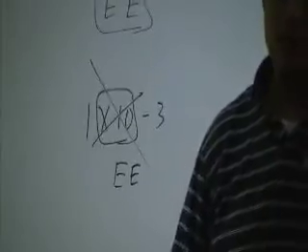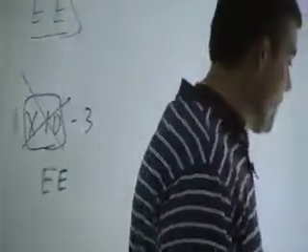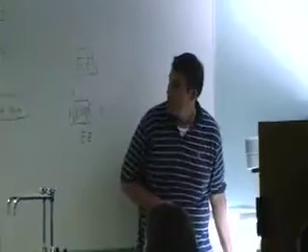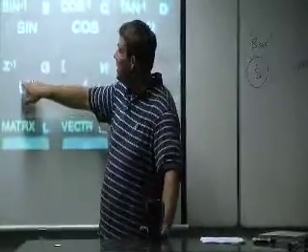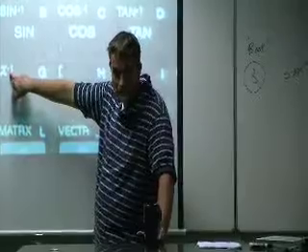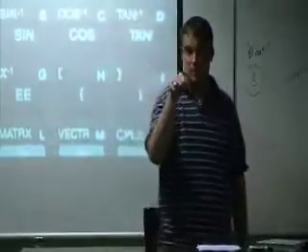That's the first thing. And really quickly before we do that, my EE button is right here. Now I run a TI-84, which most of you don't have. There's an EE button. Sometimes you have to hit second function, and sometimes it's EXP.